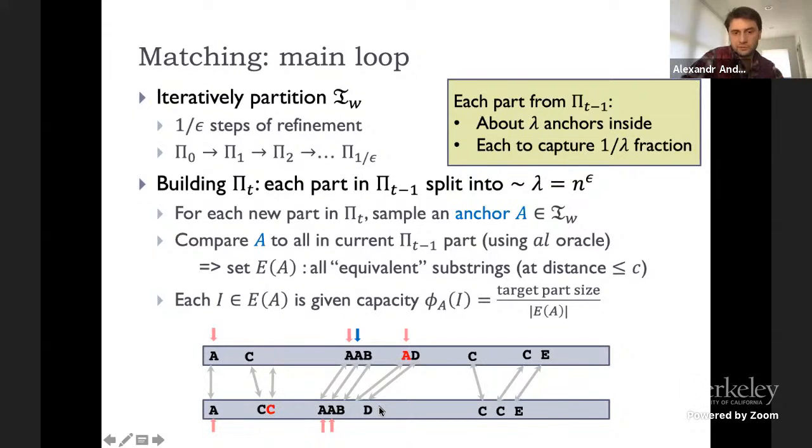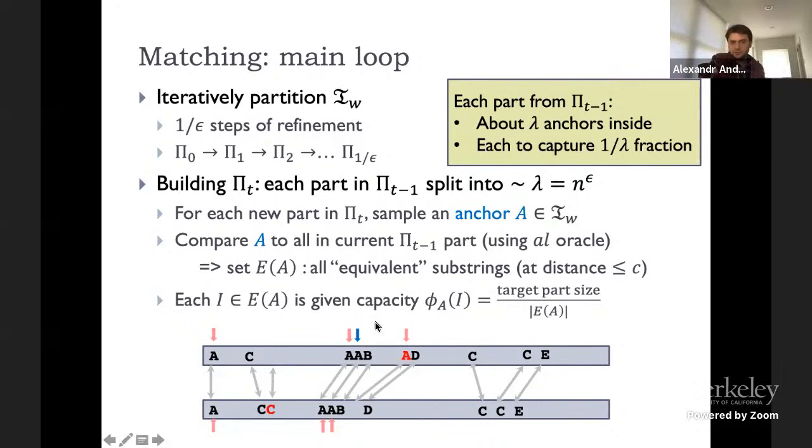So we put them together in one part, but that's not enough usually, as in the part will be too small. Imagine something like B, which has just one match, right? So that will make a very small part. So we say each of these anchors together with its friends, basically equivalent substrings, should capture much more of the other substrings to make a new part.